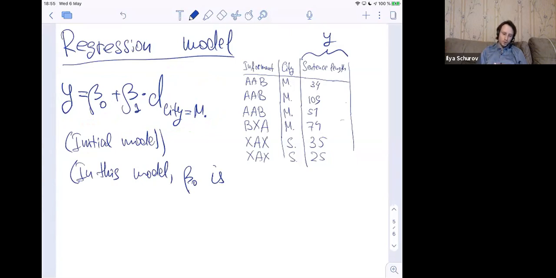If I believe in this model, what is beta naught? I have only one variable, this dummy variable that equals 1 if city equals Moscow, and 0 if city is St. Petersburg.